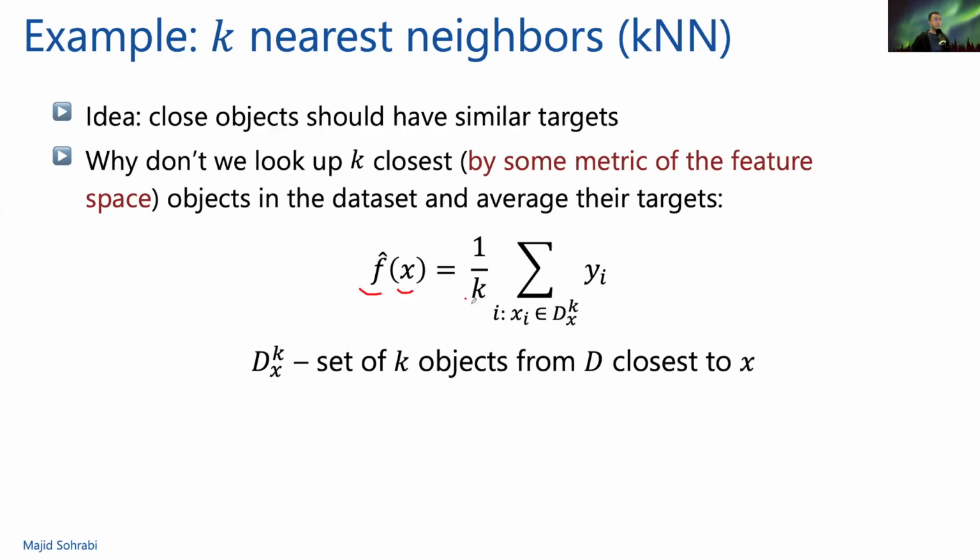It looks into the k nearest neighbors, puts those points into a set, and takes the average of their target values. Here, the assumption is the task is regression, so the value of the target is supposed to be a real value. We simply take the average of them and assign this target to the object of interest.